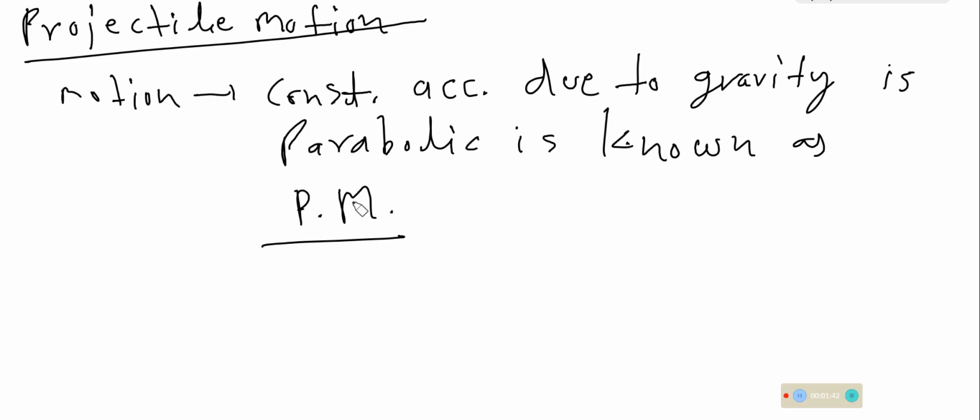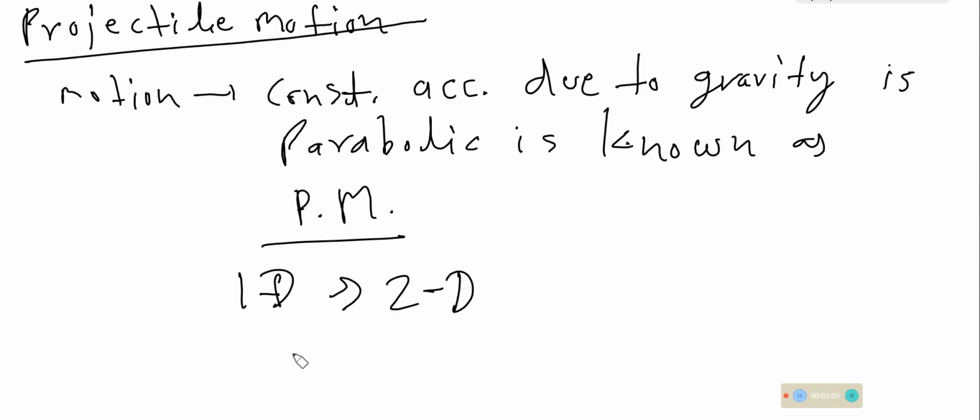Okay, but the first thing we can do is that under the constant acceleration due to gravity, there are two types of motion, one dimensional and two dimensional.